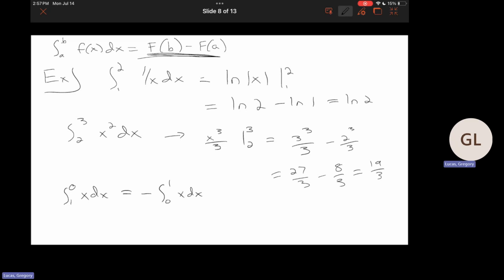Now I can solve it. So I have negative, I add 1 to the power, divide by that number, and I evaluate at 0 and 1. So I have negative 1 squared, or the 1 is squared times the negative, and then divided by 2. And then I don't really need to plug in 0, because 0 squared is 0.